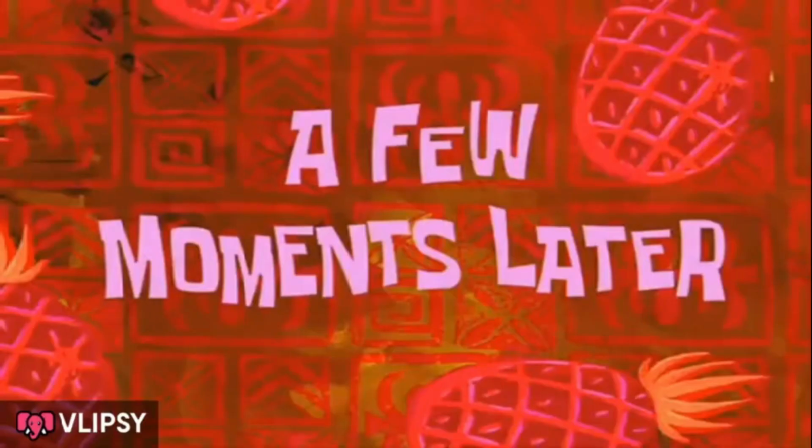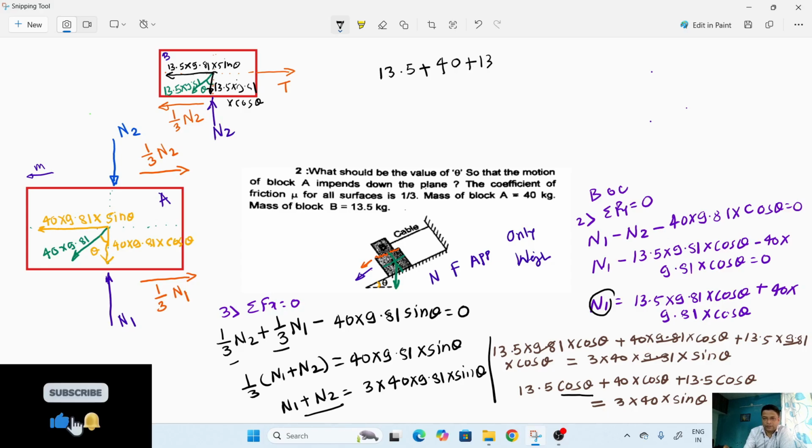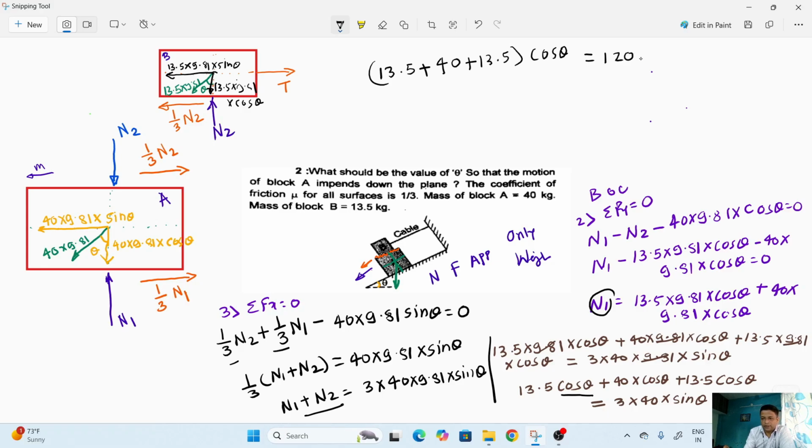After this equation, we can take out the common term, cos theta, from the left side. So it becomes 13.5 plus 40 plus 13.5, into cos theta, is equal to 3 into 40, which is 120, sine theta.